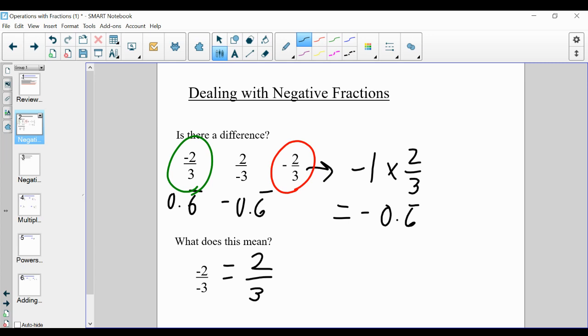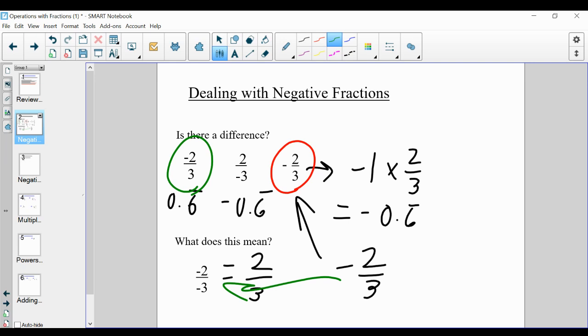The reason why I had that one is a lot of people think that this one here, the -2/3, means that. A lot of people think that it means that both the top and the bottom are negative, but be careful, it doesn't. It just means that the fraction is negative. If the top and bottom were both negative, that actually means that the fraction is positive. Be really, really careful with that.